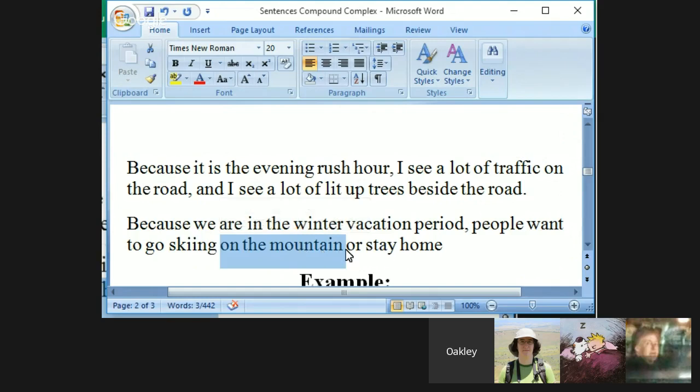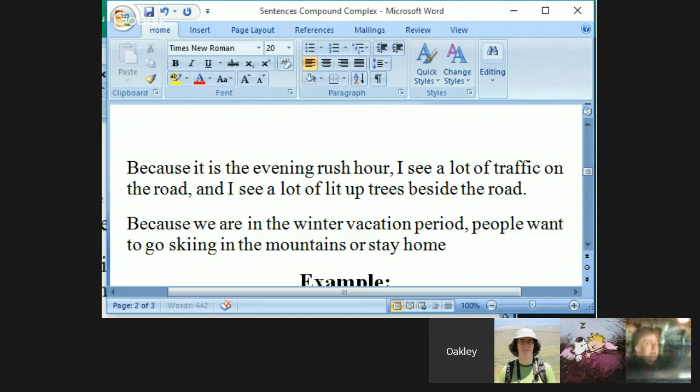Okay. If you were talking in general, you would say in the mountains, plural. But if there's one mountain near your house, a specific mountain, you could say on the mountain.